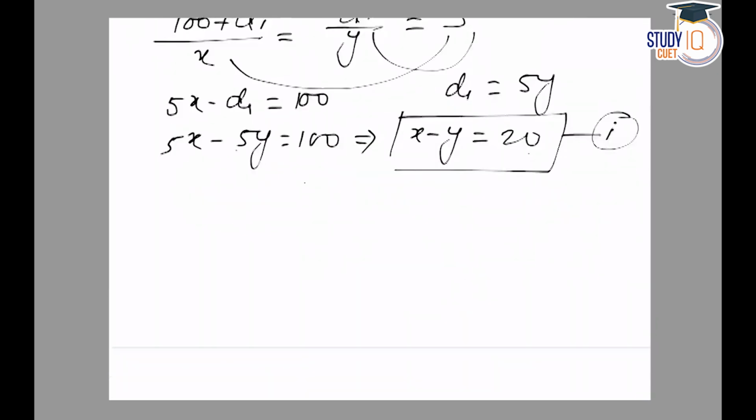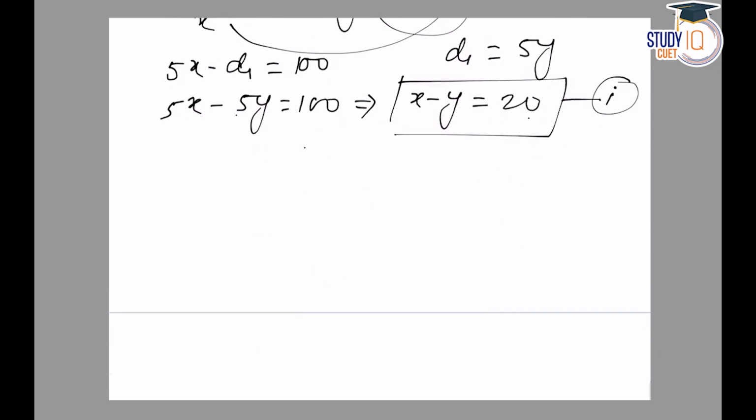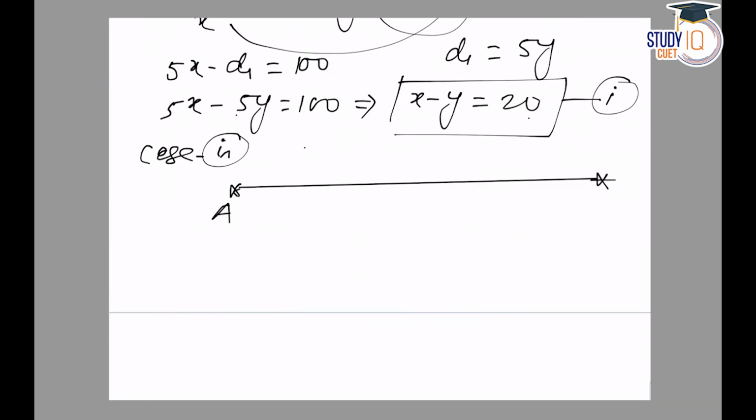Now consider case 2, when cars are moving in the opposite direction, that is point A and point B, and suppose they meet at point C. So let the distance between B and C be d2.